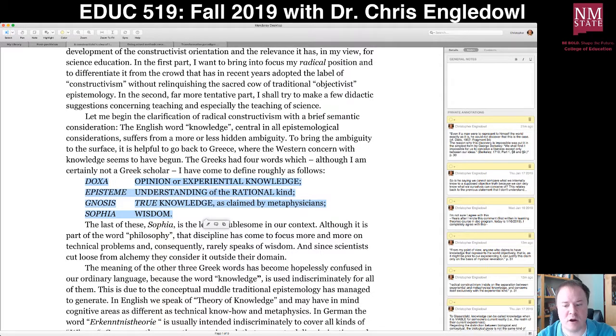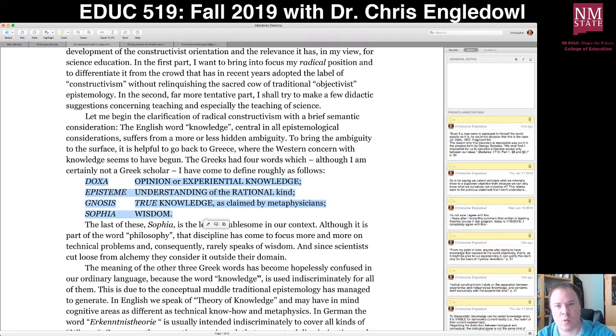When we think about our own language, this is a tension I've always felt, that we don't have different words for knowledge. And there's also a tension between thinking about knowledge versus a belief. And I think here we have more flexibility in thinking about what knowledge we can consider trying to make sense of.